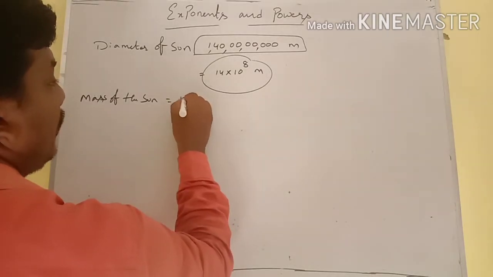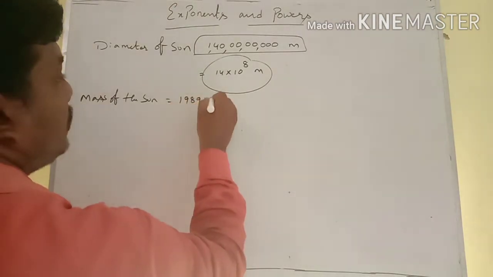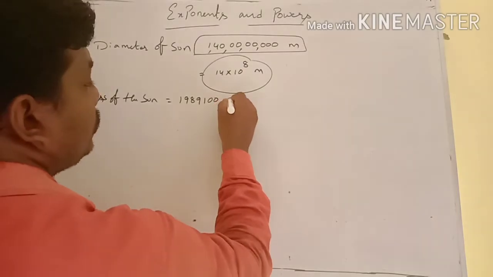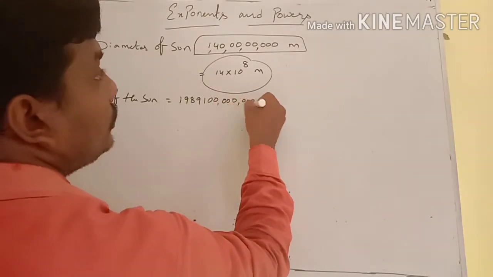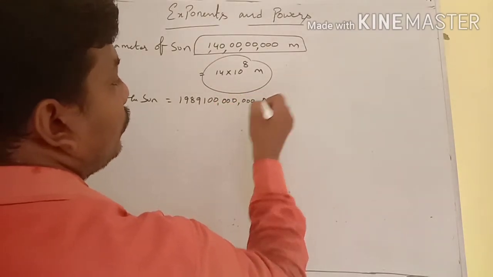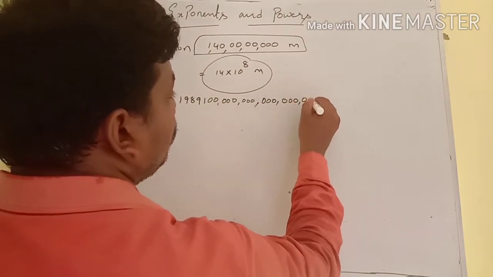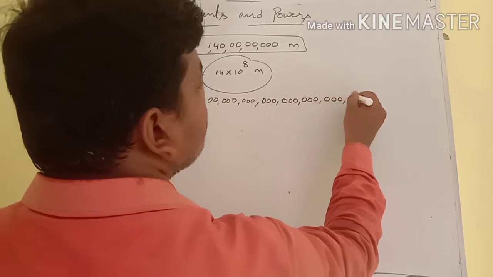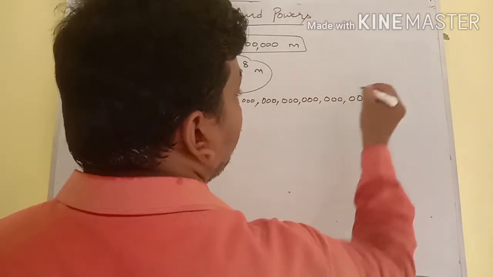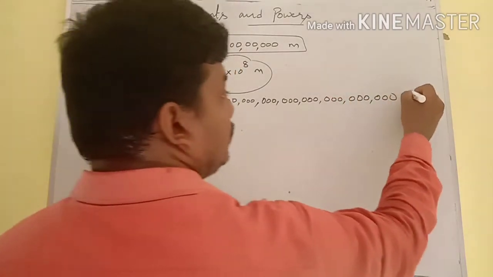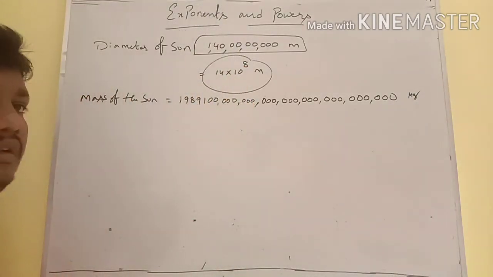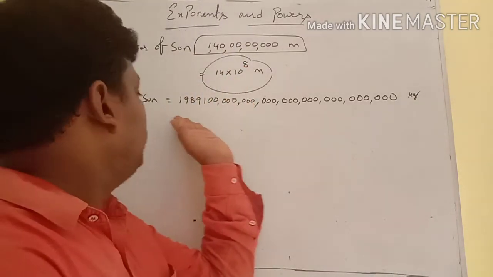So this is 1989100 followed by zeros, kilograms. This is the mass of the sun.